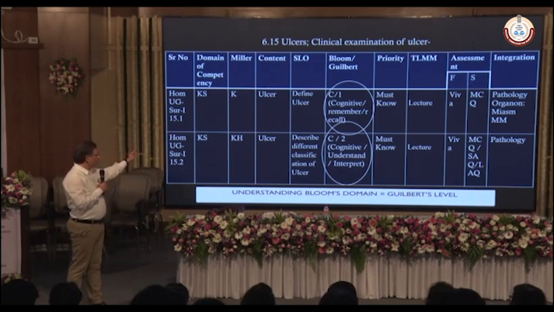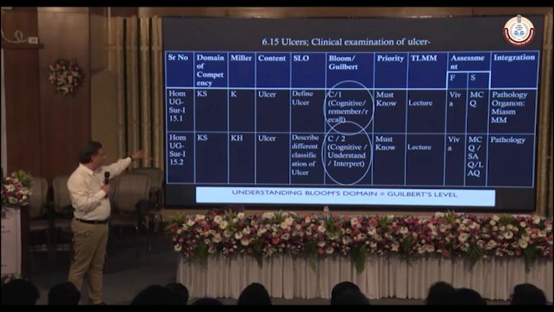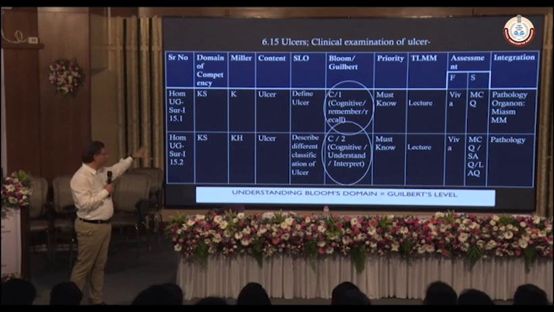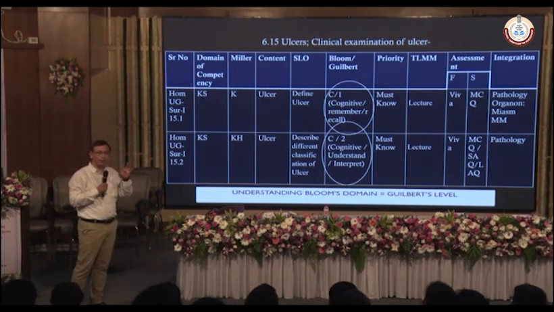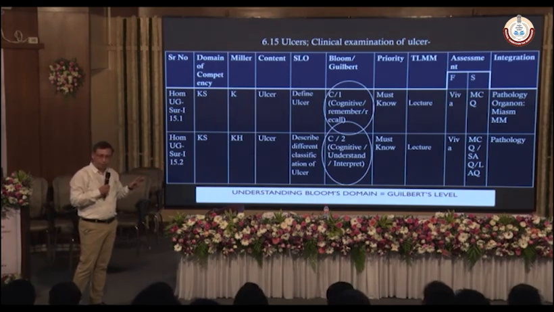Now look at Gilbert, which is written beside Bloom's/Gilbert. So definition of the ulcer is knowledge based and at a primary level. The student should only remember the definition of the ulcer. So that's why it is kept as level 1. Okay?